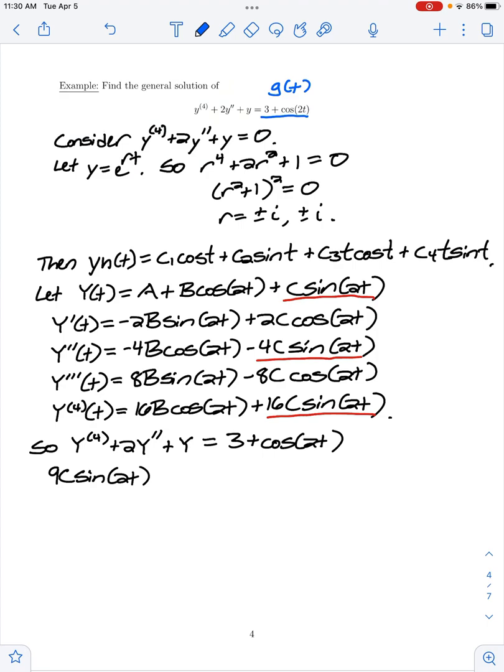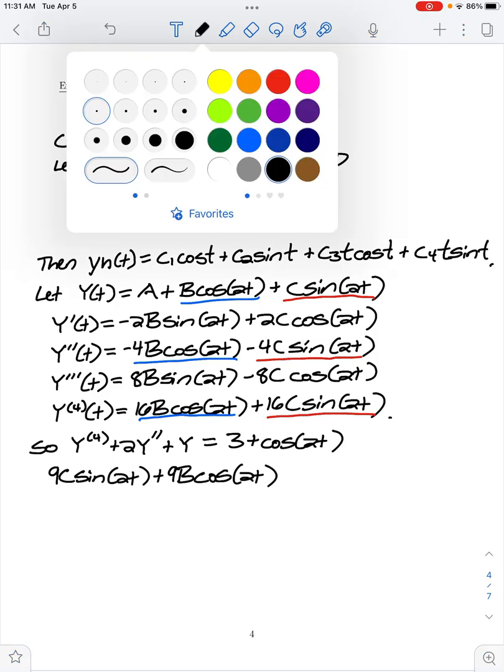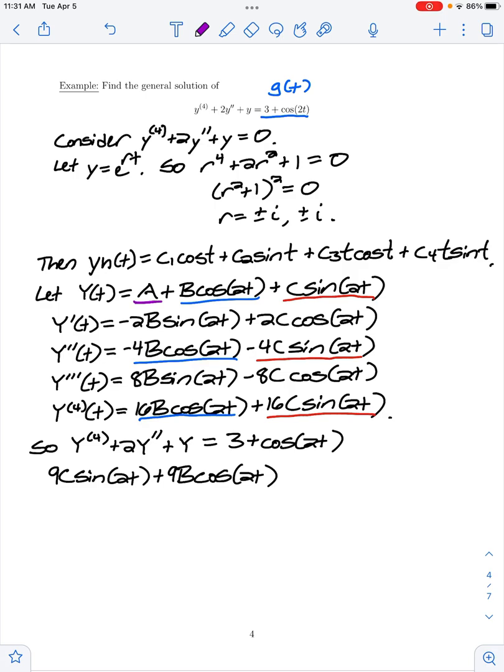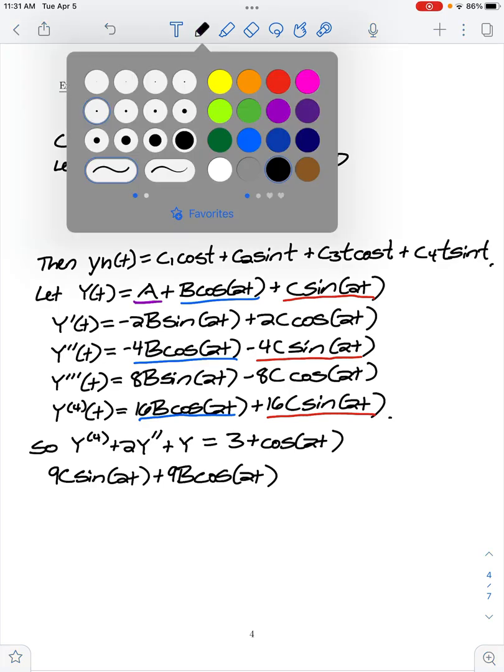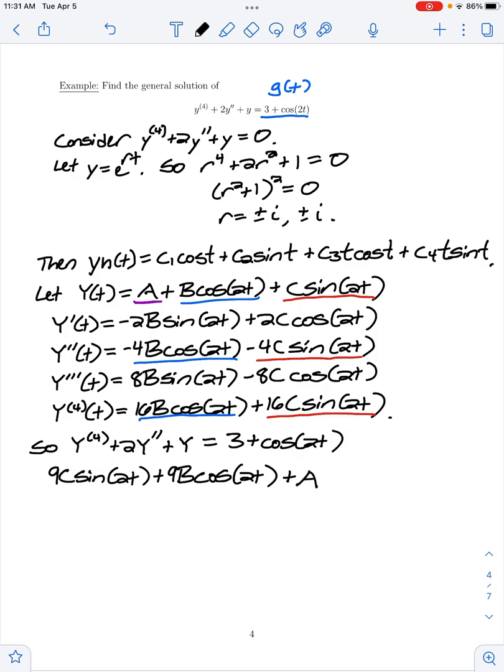Then grouping my cosine of 2t terms, we have a total of 9b cosine of 2t. And then lastly, I have this constant term for y. So I have a plus a, and this has to equal my 3 plus cosine of 2t.